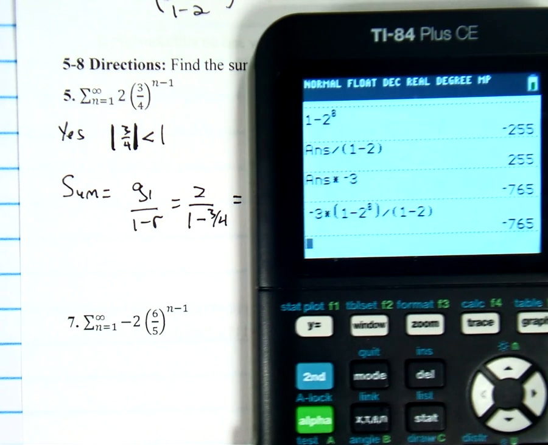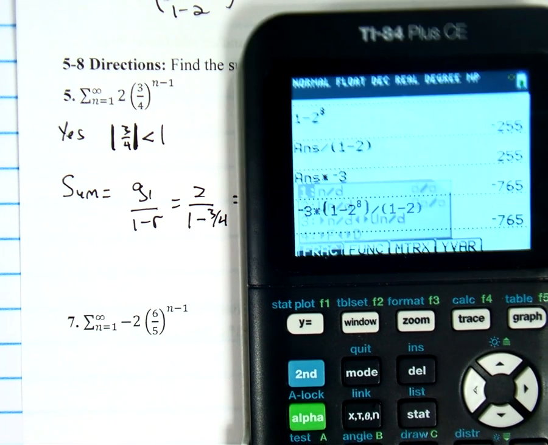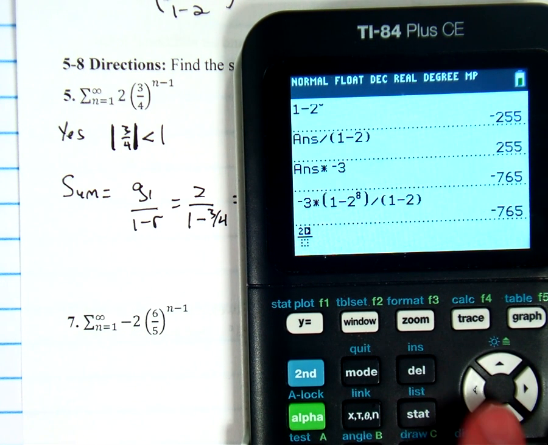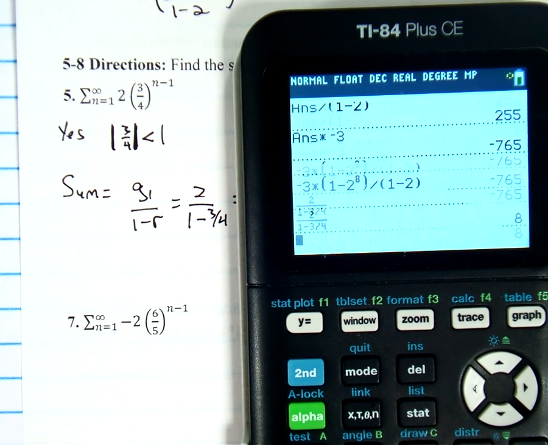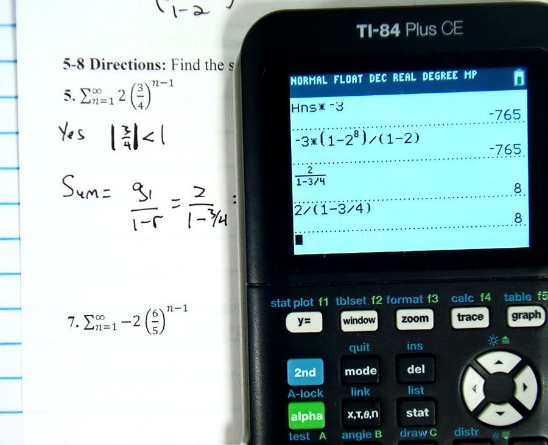Okay, and again, maybe you want to do the fraction bar. 2, then 1 minus 3/4. Maybe you want to do 2 divided by parentheses, 1 minus 3 divided by 4. Lots of different ways to get there. We're going to have 8.